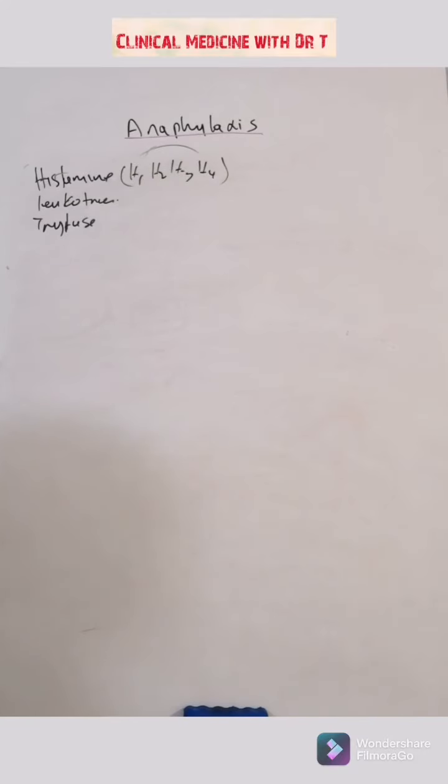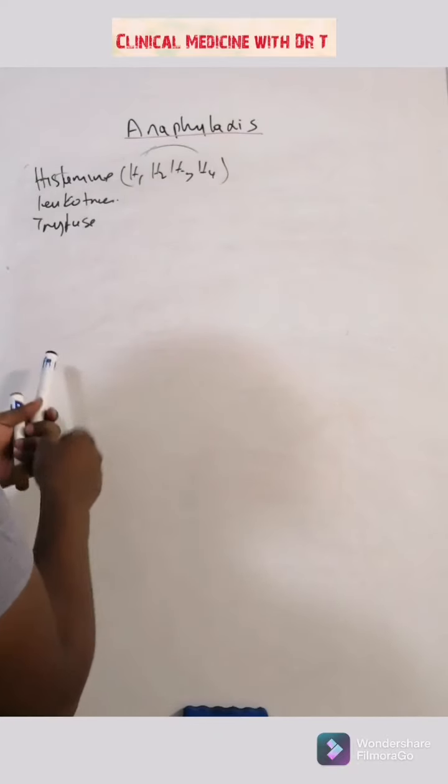Now this histamine goes and binds in all the cells in the body that have receptors, and histamine receptors are very abundant, found in almost all body tissues.